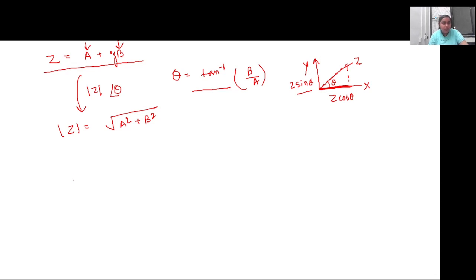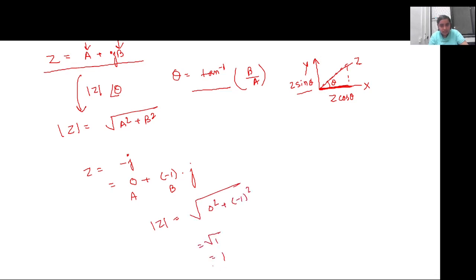Now is this clear? Now when we have only minus j, this can be written as 0 plus minus 1 into j. So a is 0 and b is minus 1. So mod of j will be equal to root over 0 square plus minus 1 square, so root over 1 is equal to 1.